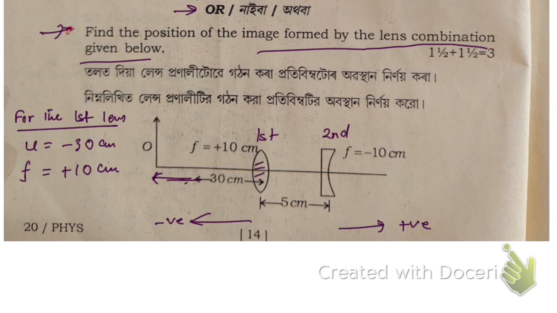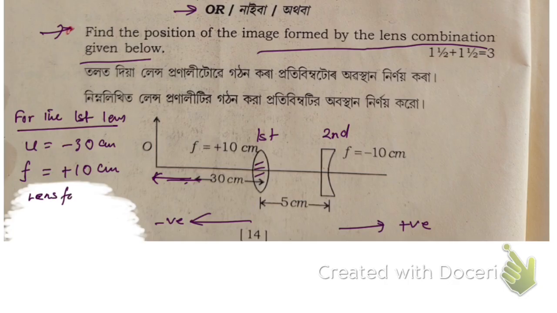For this lens, let me use the lens formula. According to that, 1 by v minus 1 by u is equal to 1 by f.